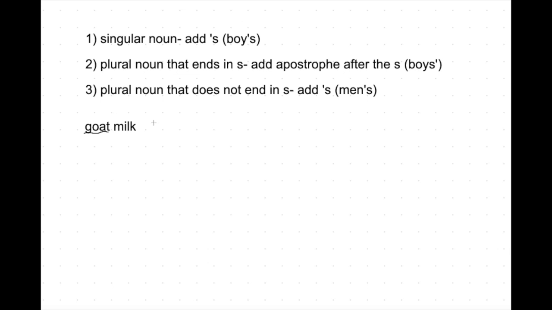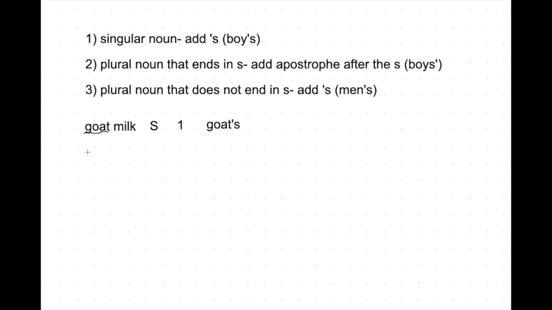It's singular. What rule then does it follow? Rule 1, 2, or 3? It follows rule number 1. So the possessive form is goat's with an apostrophe S. All right, that's all you have to do.